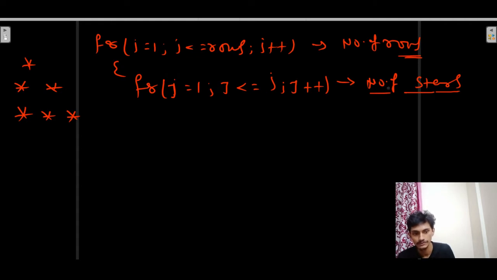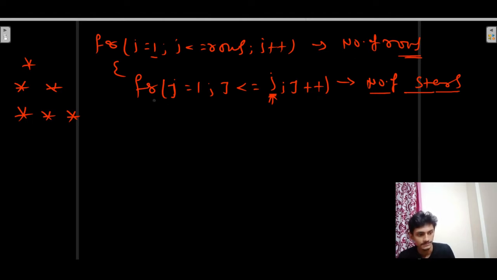So if the row number is 2, this for loop will execute 2 times. You can see that here it is I. So if I is 1, that is we are printing the first row, this for loop will execute only 1 time. That means it will print only 1 star. We will run it, don't worry, you will understand it once this video is over.